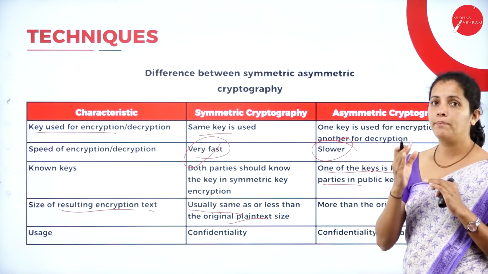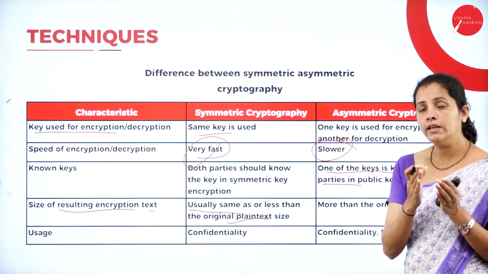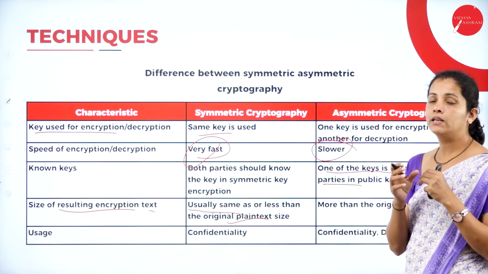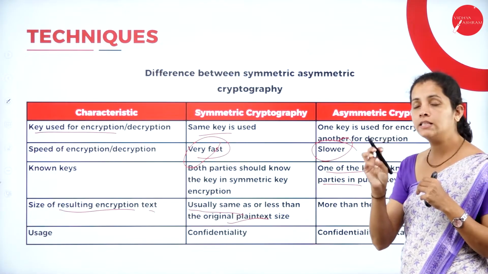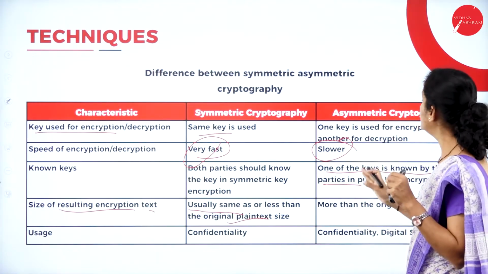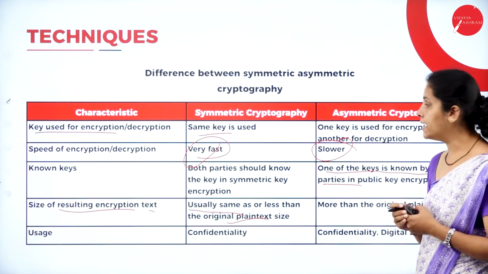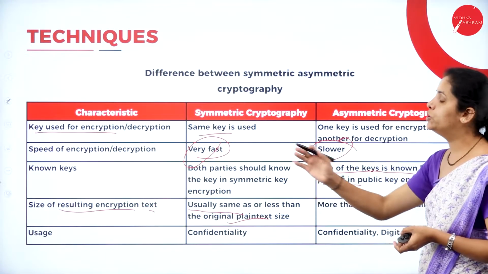That means after applying the cryptography algorithm, I'm going to get the ciphertext. But the size of the ciphertext is always greater than the plaintext in asymmetric key encryption. Then I'm going to have the usage.